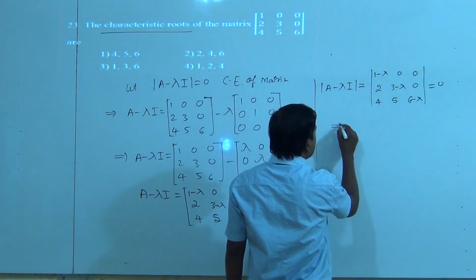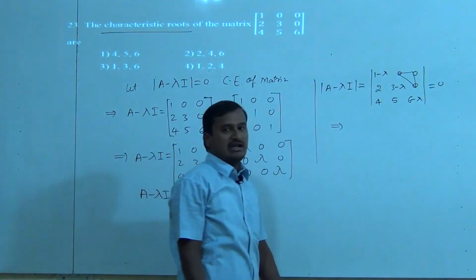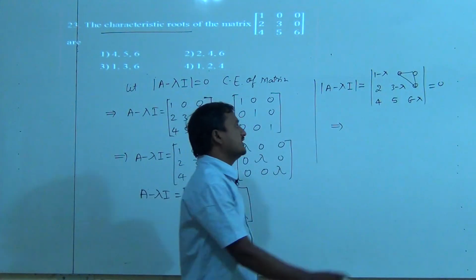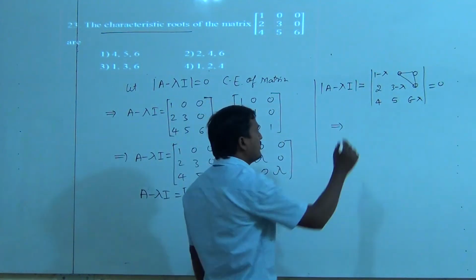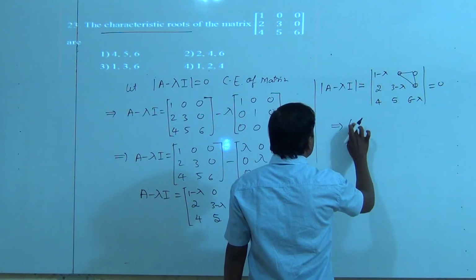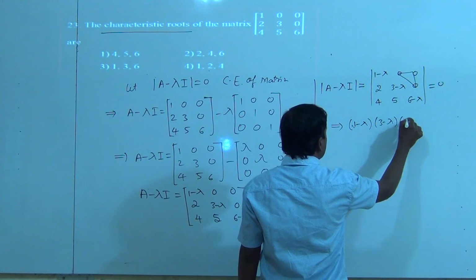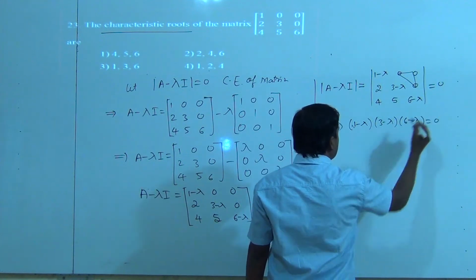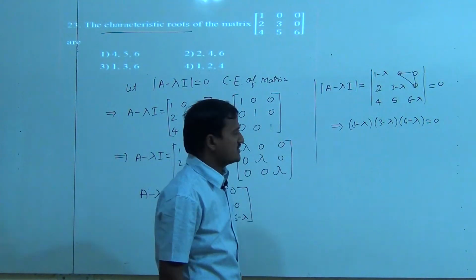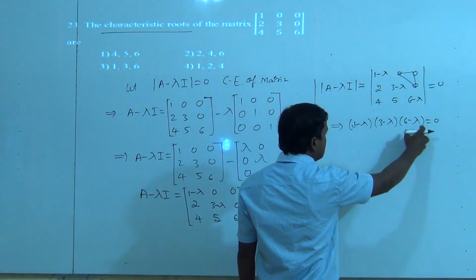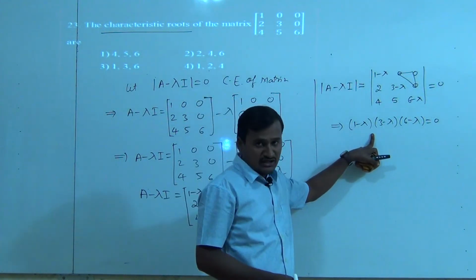Here you should see that one side of the principal diagonal elements are equal to 0, then the value of the determinant is equal to the product of the principal diagonal elements. So clearly this becomes 1 minus lambda into 3 minus lambda into 6 minus lambda equal to 0. So it is called a characteristic equation, or otherwise you have to simplify all these and you get a cubic equation in lambda.